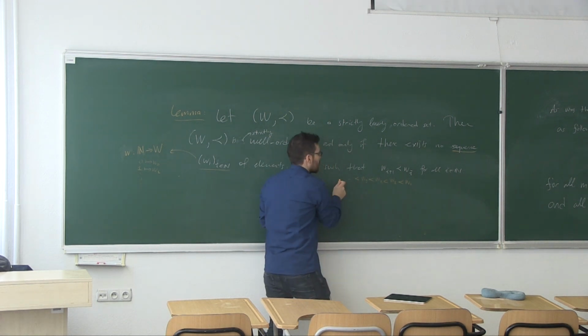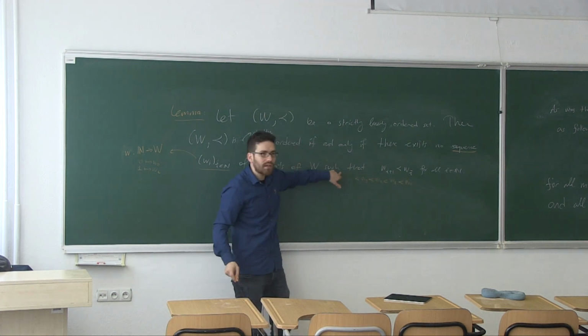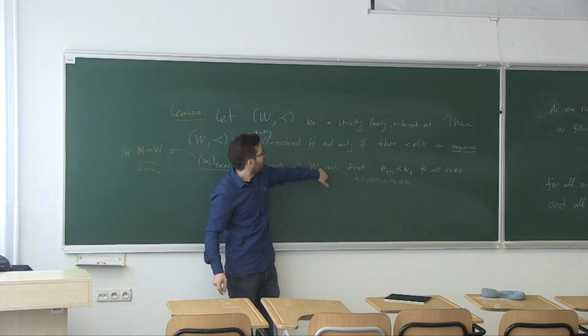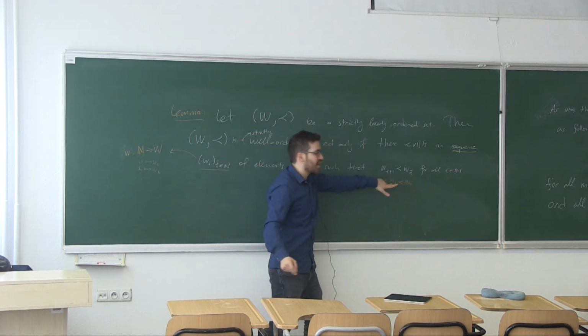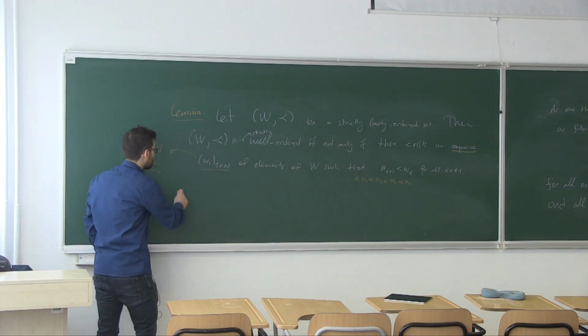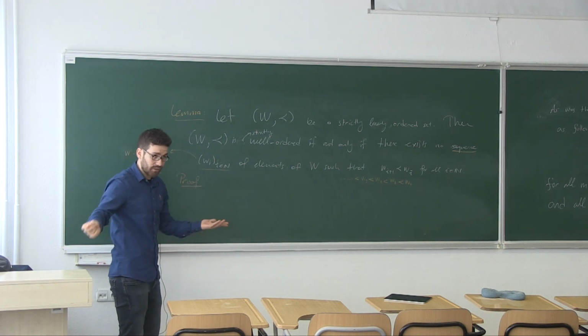So a sequence satisfying this is an infinite decreasing sequence. A linearly ordered set is well ordered if and only if there is no such sequence. Now let's prove this. One direction is obvious. The other direction is as well, actually.